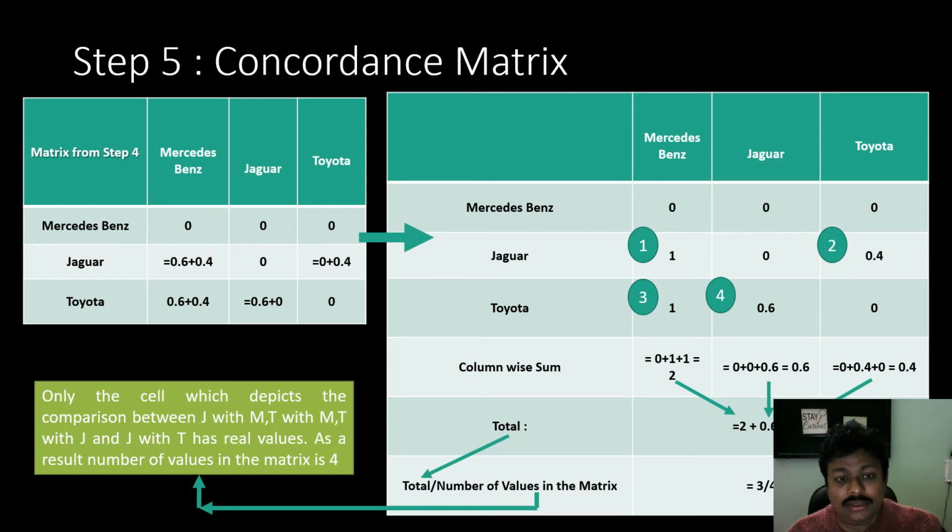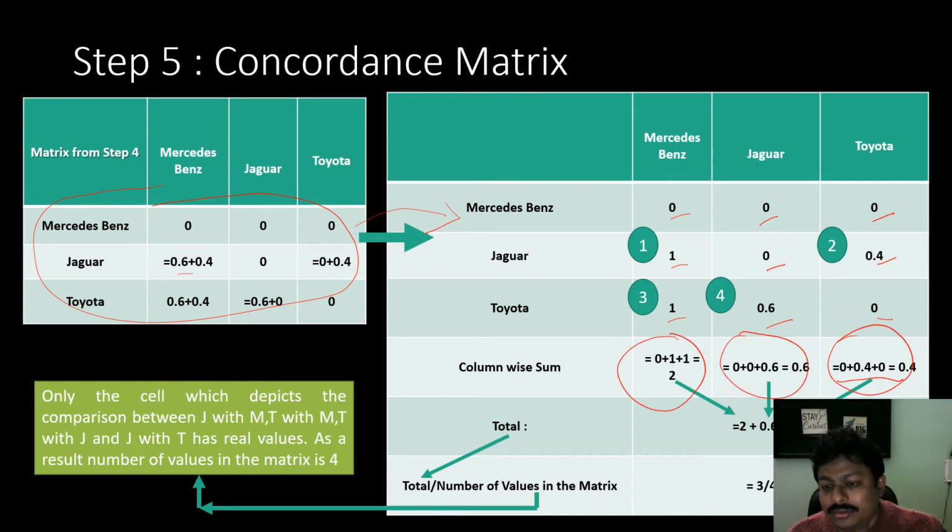You see, you are adding this, so this matrix will become this, and then what you will do is you add this value plus this value plus this value, then you add this value plus this value plus this value, then you add this value plus this value plus this value, then you add this value plus this value plus this value.